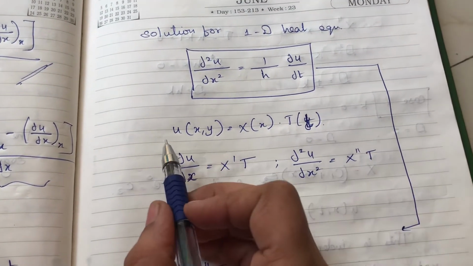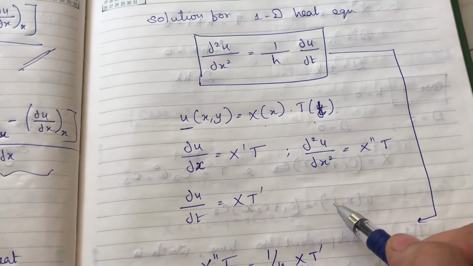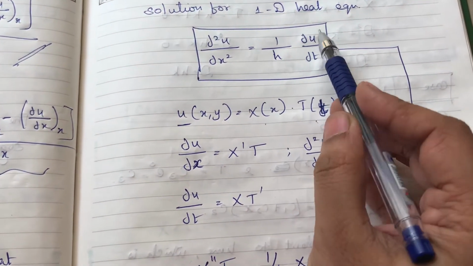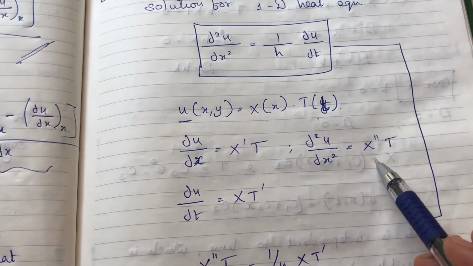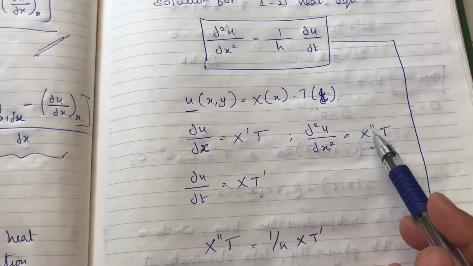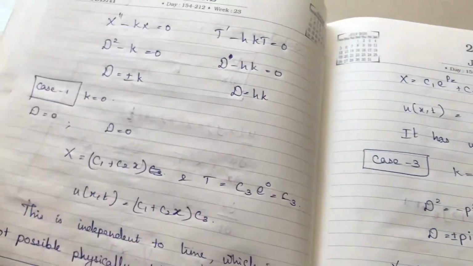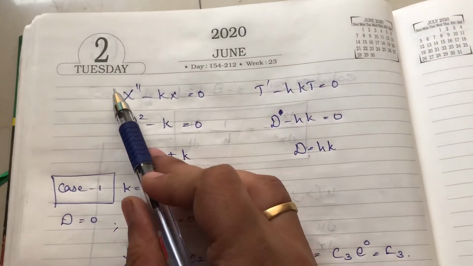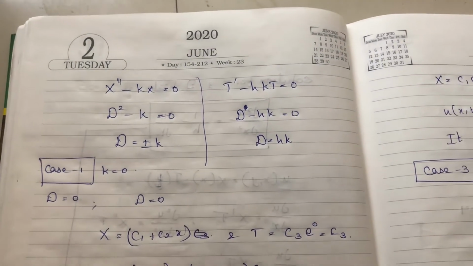So usually to find the solution, I am taking u as a function of x and t. So one derivative, this is one time derivative, this is two times. So one time, two times, I have got the equation, and one time with respect to t. So substitute these two things in this equation and separate it, and after that you will get a function like this, right? The same as in the wave equation.